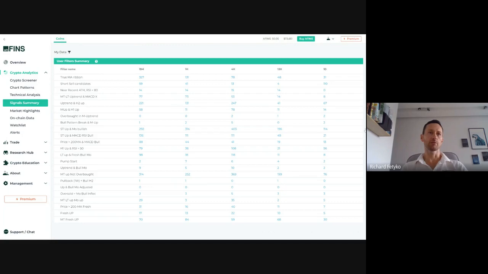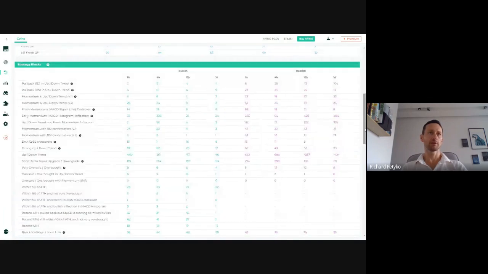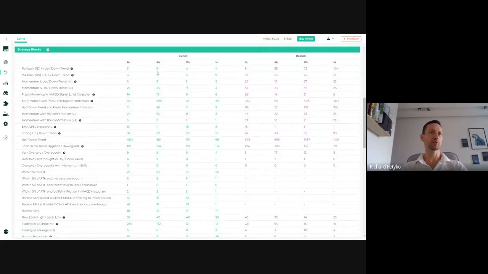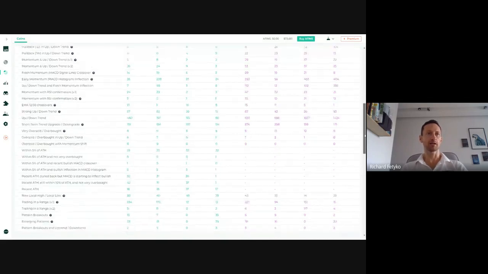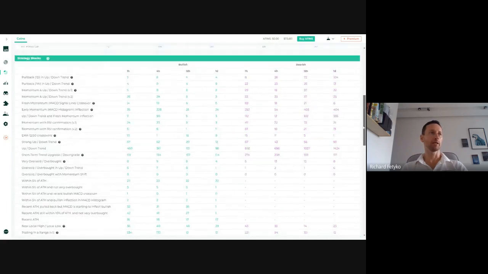But when you scroll down, these strategy blocks are basically preset filters that save a lot of time for you, especially if you're a beginner. You can use these market scans or preset filters without spending a lot of time building your own. And you know that these have been built by professionals.